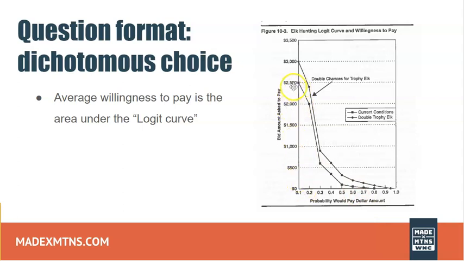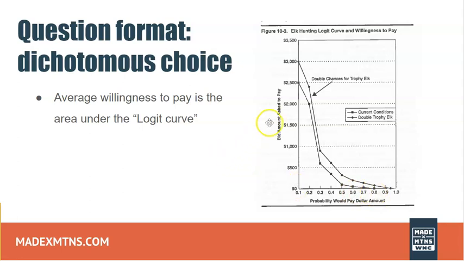So 10% would pay $2,500 more for an elk hunting trip. 20% would pay $2,000 more, 30% would pay $600 more maybe, 40% would pay $350 more, and then 50% would pay $100 more. And as those dollar amounts fall, the percentage that people would pay more for the trip increases.